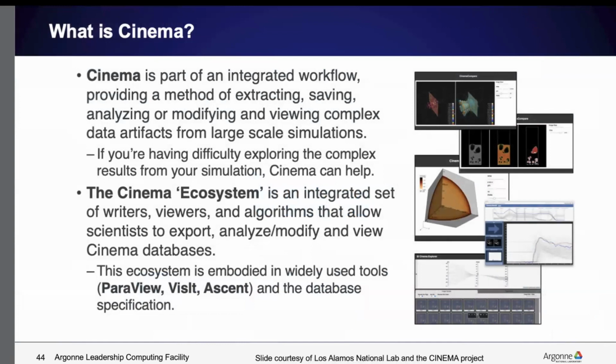One more interesting tool that is part of the ecosystem is called Cinema, and there's an interesting idea here. There was a paper in Supercomputing 2014 proposing this idea. The main concept is that if you save files in every time step, you will need a lot of storage.